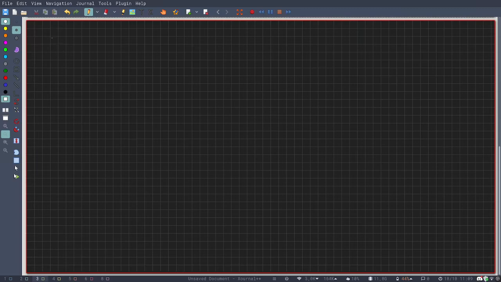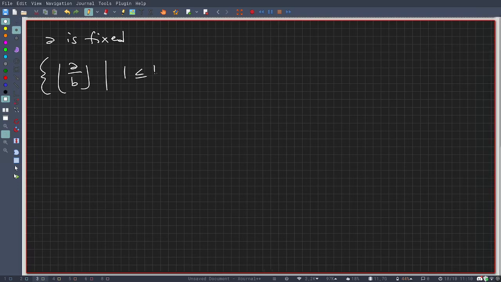Okay, let's consider the set of all A over B with a fixed A and B any positive integer, and we want to count how many distinct values we reach. But we can notice something.